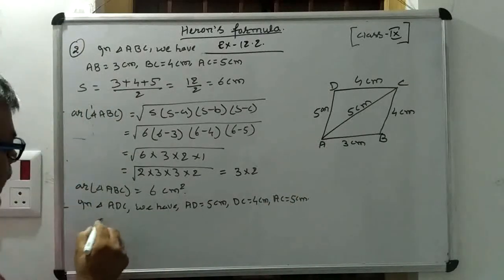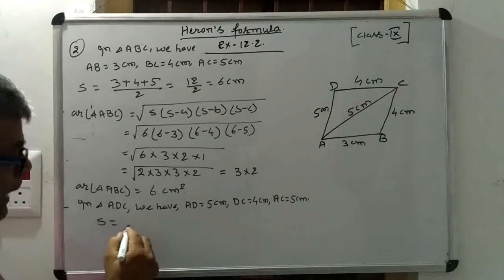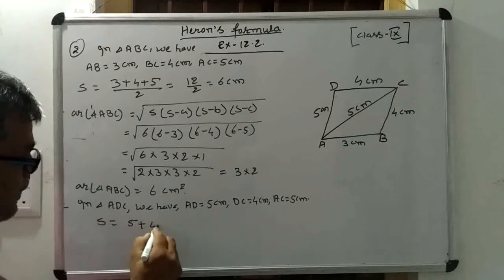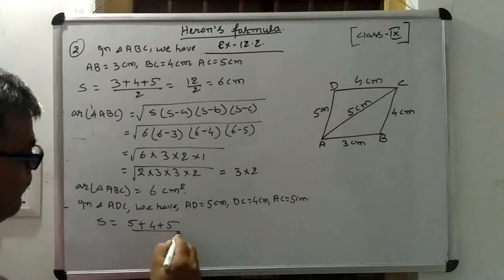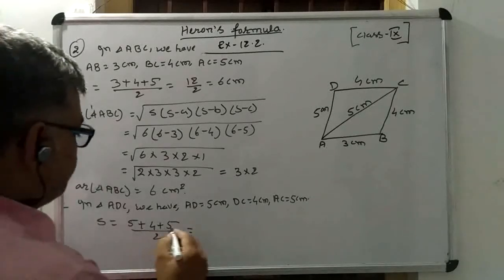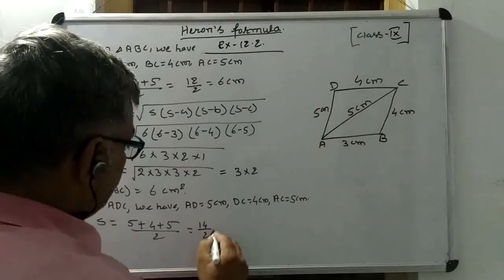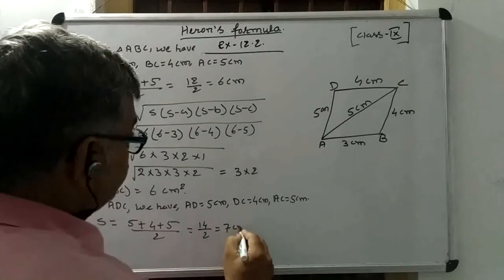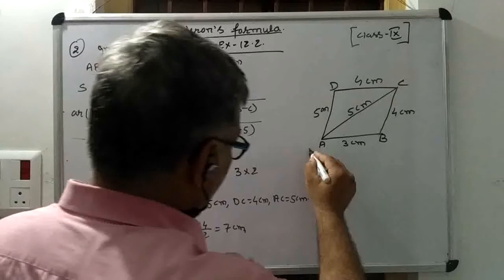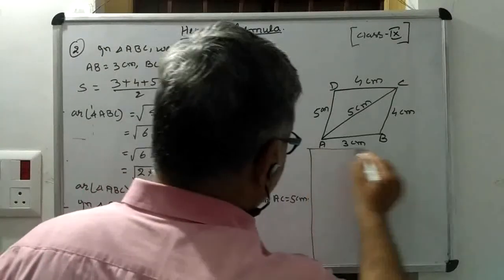First you find S, that is 5 plus 4 plus 5 by 2, that is 14 by 2, that is 7 centimeter.